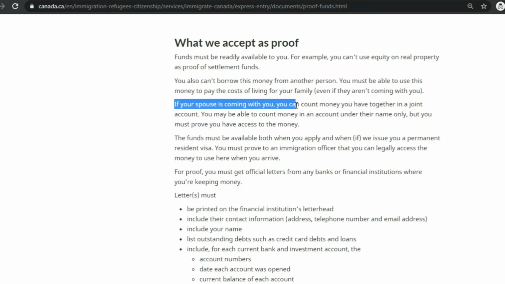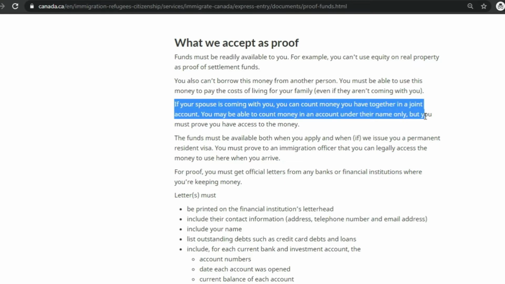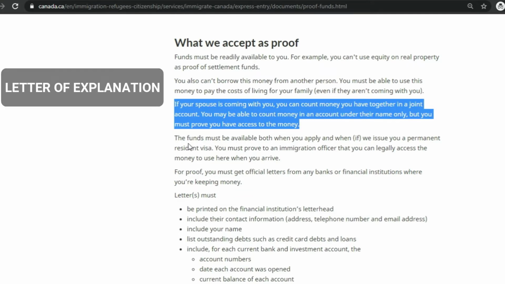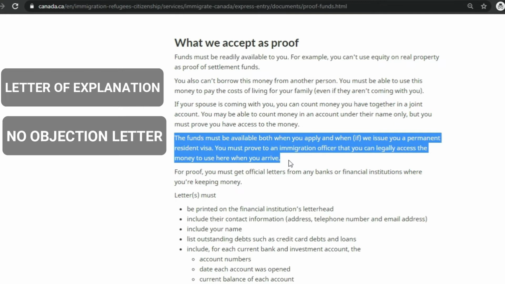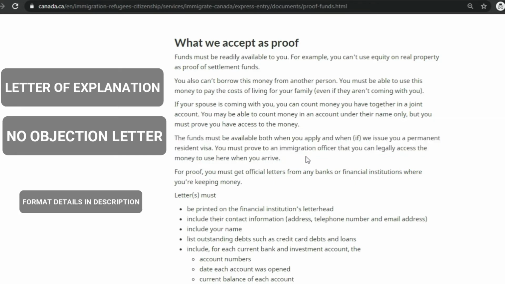If your spouse is coming with you, you can count the money you have together in the joint account. So how can you prove this? It's very simple. That is where the letter of explanation as well as the no objection certificate come into play. In the letter of explanation, the primary applicant writes that the money in the joint account will be used as funds when settling down in Canada.